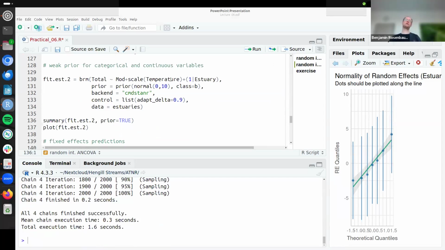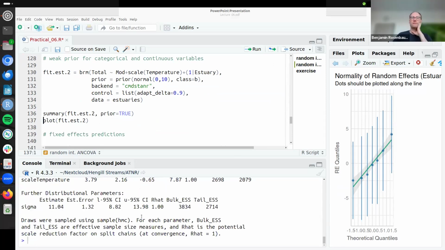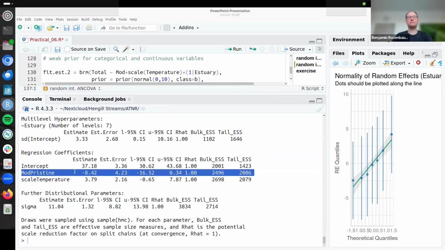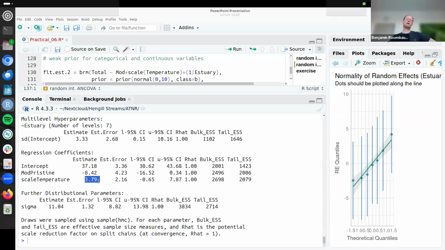Okay, and if we increase the accuracy here, we got rid of all of these divergent transitions. So we are still interested here in the difference between modified and pristine. And here in this case, by including temperature, the difference is a bit smaller.